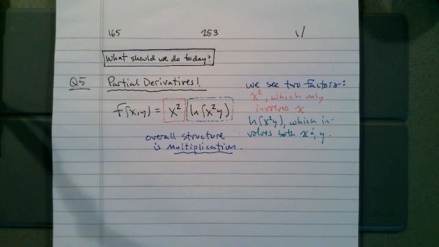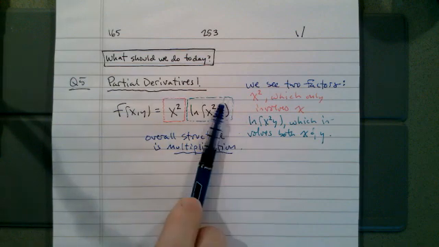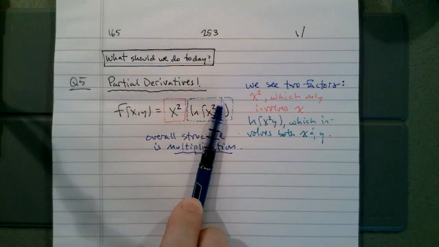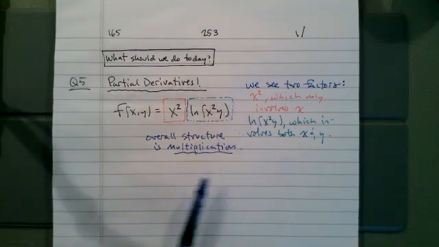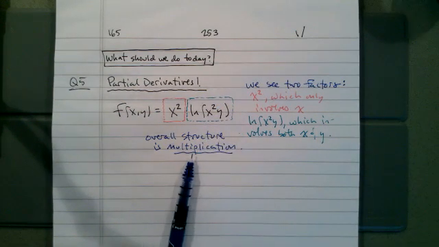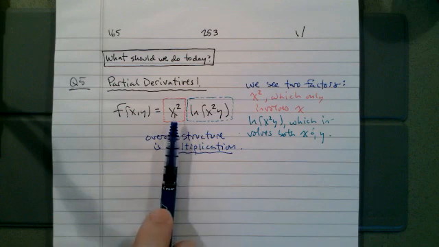Now, the multiplication, we have to concern ourselves with what kind of multiplication we're dealing with. Because we're dealing with partial derivatives, in Calc 1, I could easily just take out this y, we see the overall structure is multiplication, and we use the product rule. But with partial derivatives, we have to distinguish between what kinds of multiplication we're dealing with.